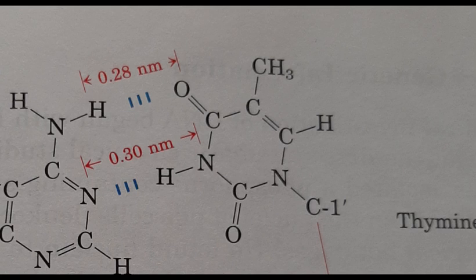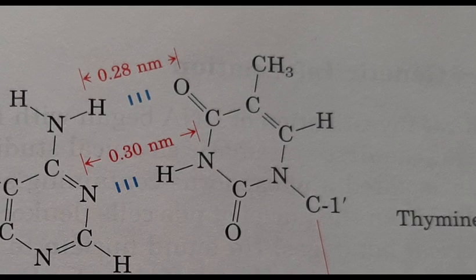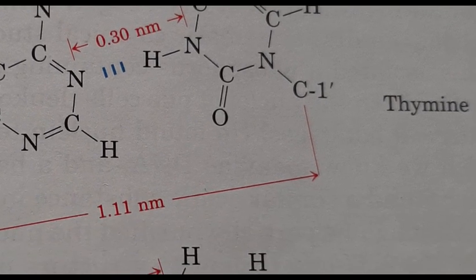And in case of pyrimidines, on the 1st and 3rd positions. It is a single ringed structure, so there is no question of 7th and 9th position. So thymine's other chemical name is 5-methyl 2,4-dioxypyrimidine.